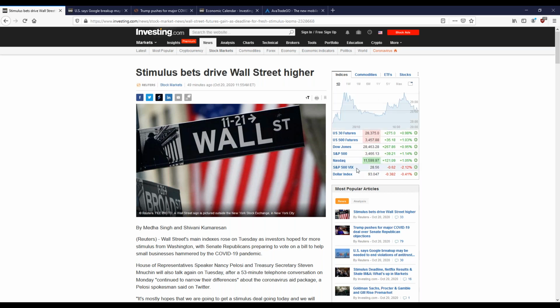The VIX index, the volatility index, is referred to as the fear index. Usually when you see fear is down, especially by a significant amount like 2%, 5%, you see the markets rising. Makes sense. Lower fear, lower volatility, markets are rising. And the headlines tell you why. They think stimulus is coming.